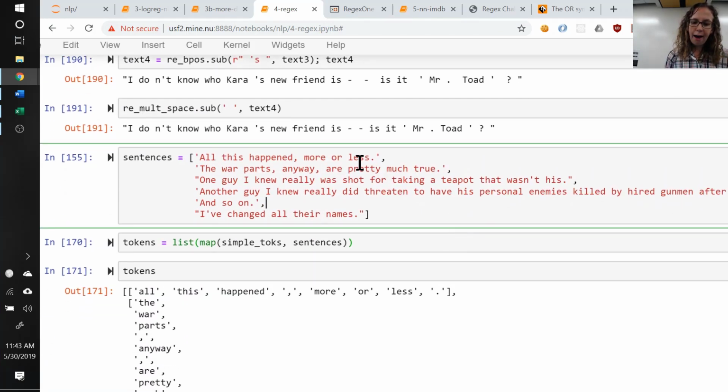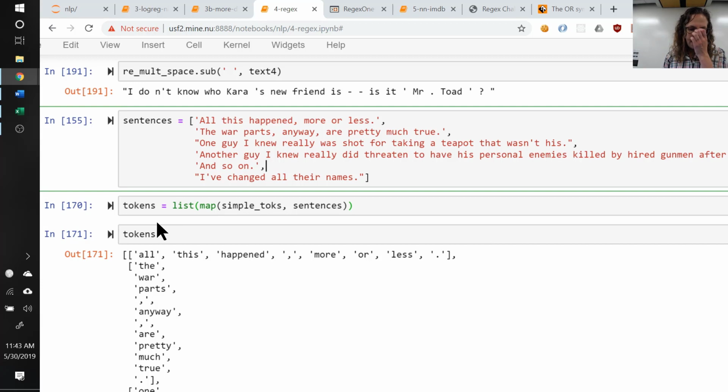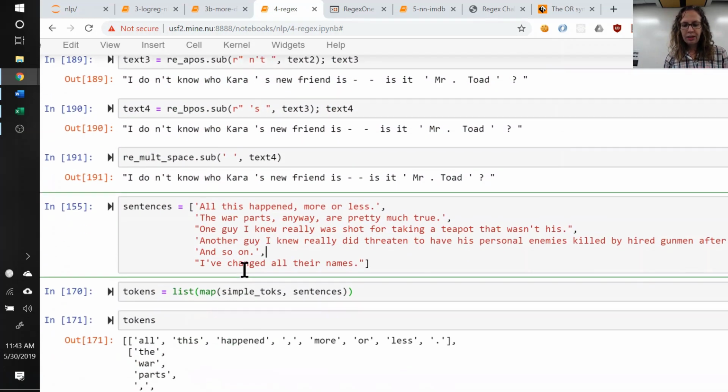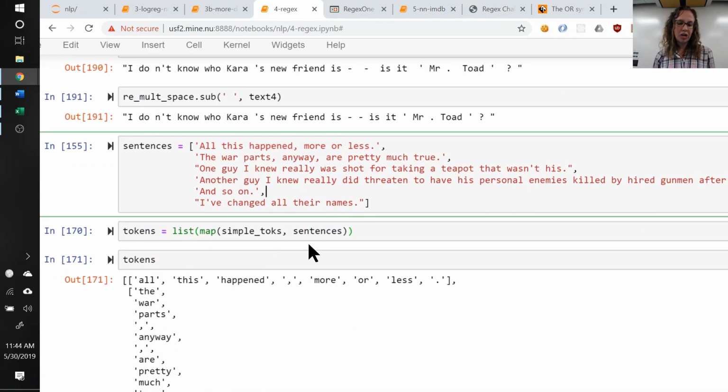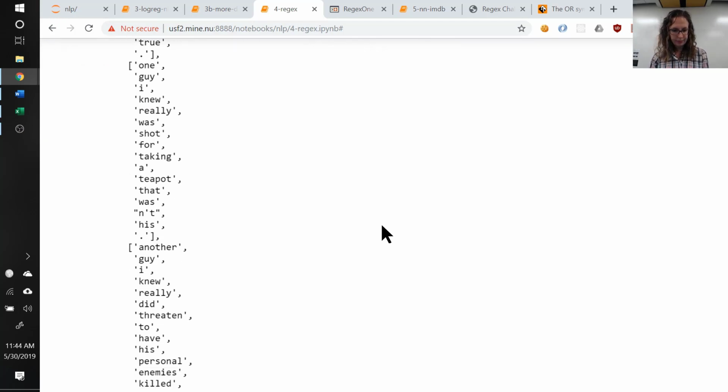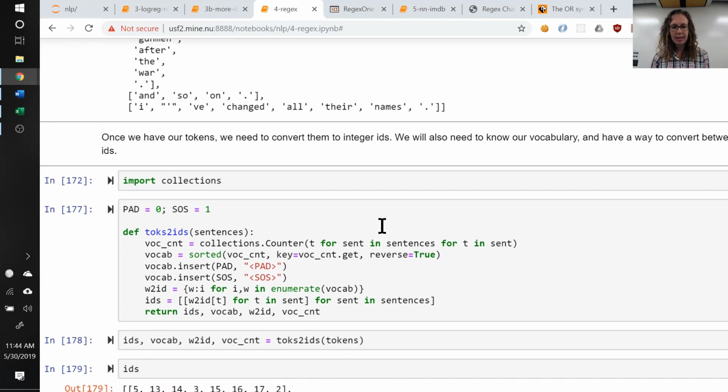So here I have a list of 6 sentences. I'm mapping my simple tokens method to the sentences and creating a list of tokens.